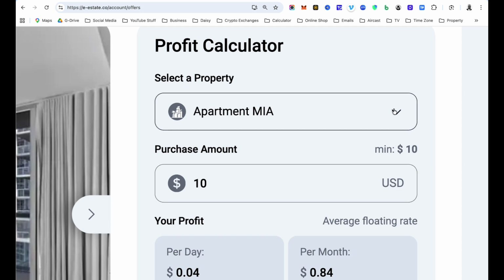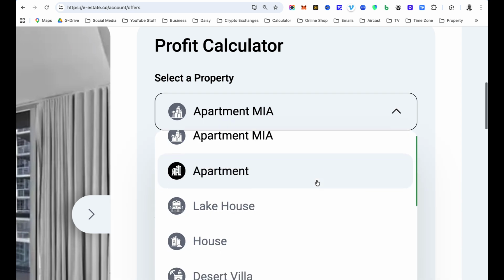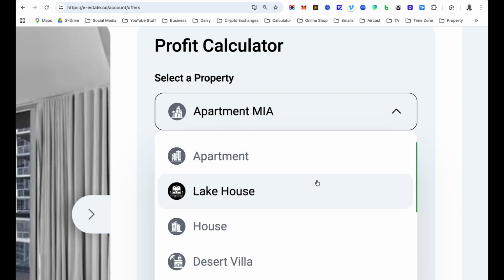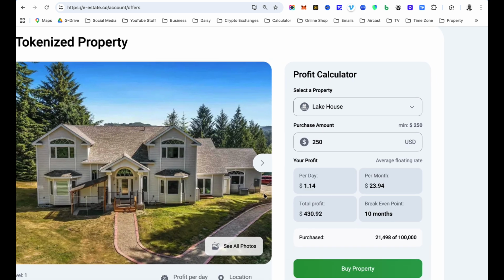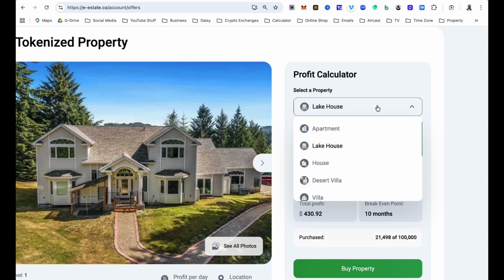There are other apartments or real estates that you can purchase a fraction of as well. For example, this lake house, you can deposit just $250, and then you will purchase a fraction of this and begin to earn on a daily basis if you wish to do so. There are other ones.